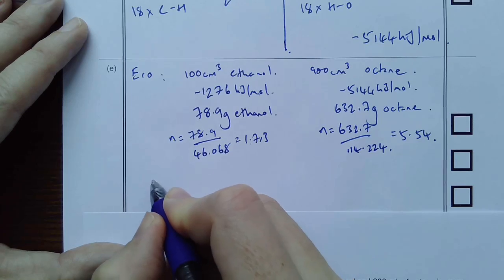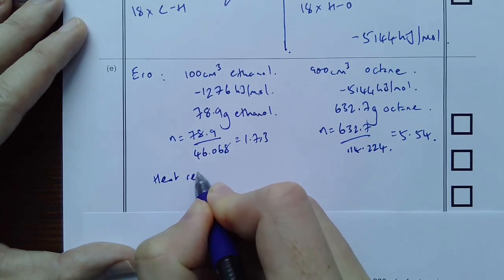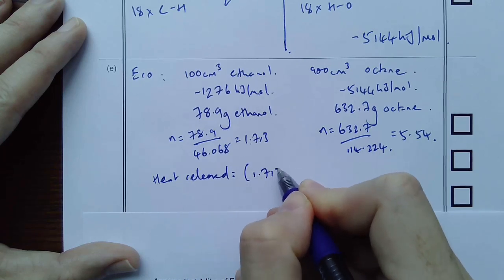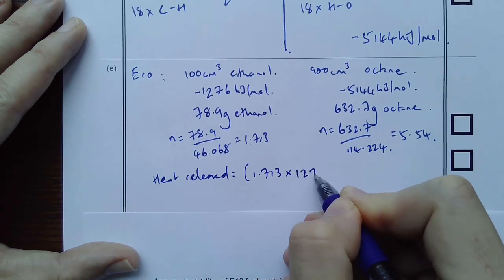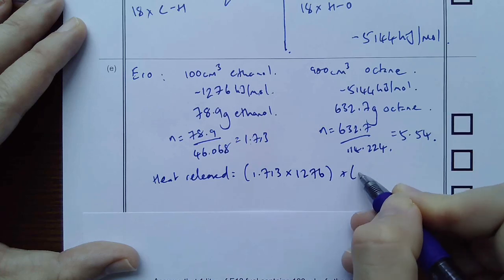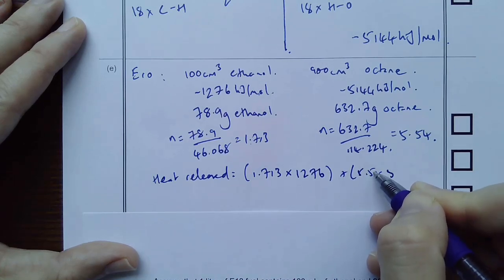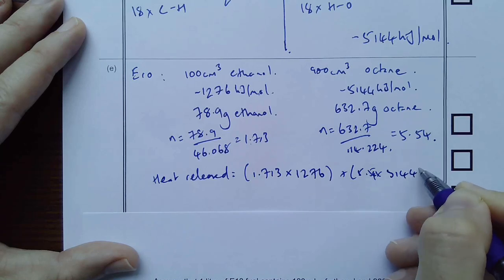So the heat released equals 1.713 multiplied by 1276 plus 5.54 times 5144.